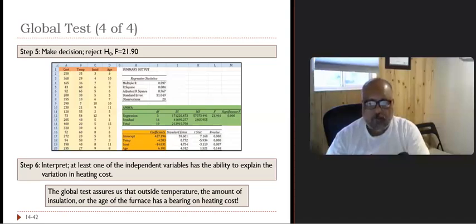So in a nutshell, the global test assures that one or more of the parameters, like outside temperature, amount of insulation, or the age of the furnace, can affect the heating cost.